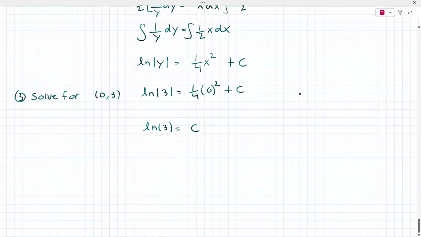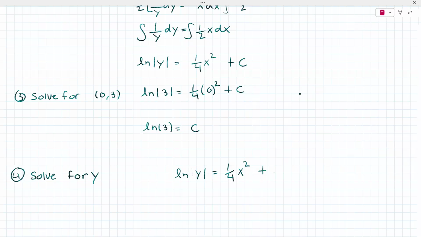And then step 4 is solve for y. So it's going to be ln of absolute value y equals 1/4 x squared, and then we can replace our c with ln of 3, right? Now, how are we going to solve for y? Well, the clue is there's an ln, so I'm going to take e to both sides.